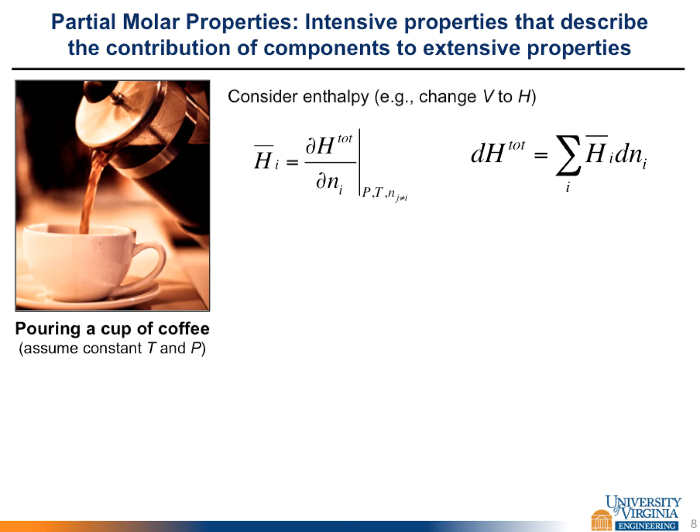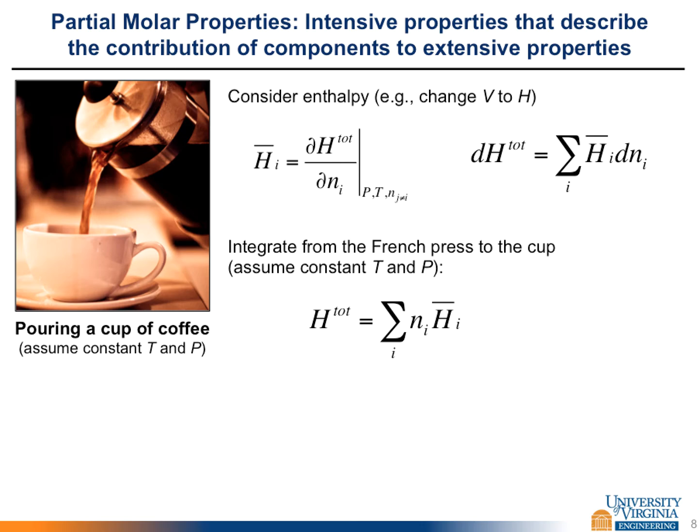So this expression then can be integrated from one state to the other to determine the total enthalpy. And since enthalpy is a state function, the path of this integration is arbitrary, so the result shown here applies for other state transitions as well.